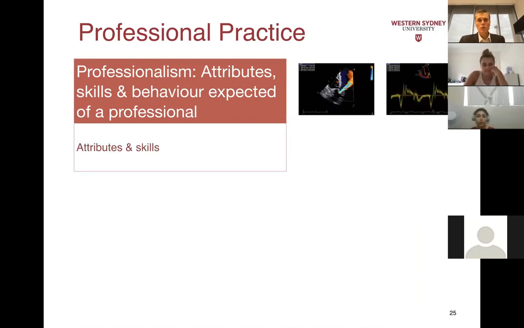One thing that's really important, I think, to start considering and start trying to develop is, this course is a very vocationally directed course, which is to say, in undertaking this course, you've got a very clear pathway. You know what you're aiming for. And as a cardiac sonographer, you're going to want to develop certain professional attributes and skills and behavior.